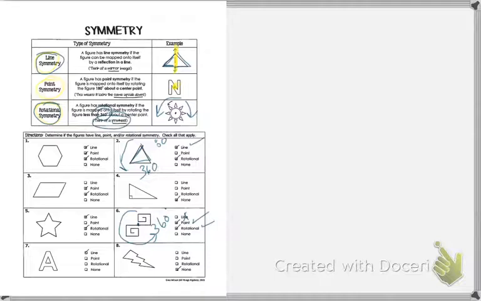Number 7 only has linear. I can only do one line and that's it. Mirror this section to mirror that section. Same thing here, same thing there. There is no point, because if I were to put any sort of point and rotated this, this would look something like that.